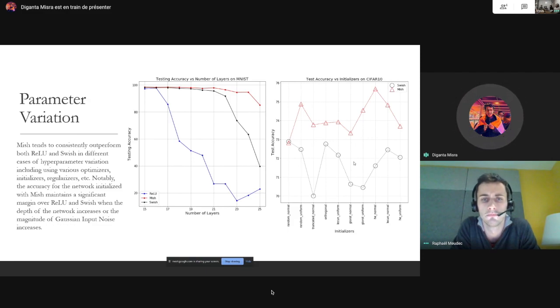Because of that issue, we believe that Swish performs badly with higher numbers of layers. Also, you'll see up ahead that Swish is not suitable for certain architectures, which we have proved by testing it on ImageNet.